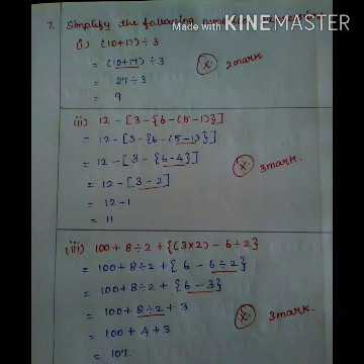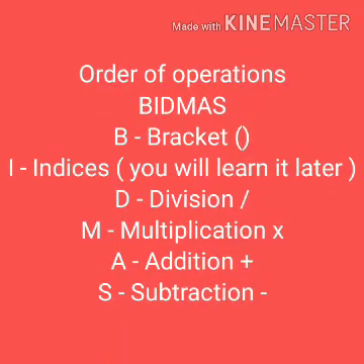Children, please listen here. Order of operations means, again and again I am telling you, first you want to see the bracket. If bracket is there in your question, first complete the bracket portion only. Next do the division, multiplication, addition, and then last the subtraction.